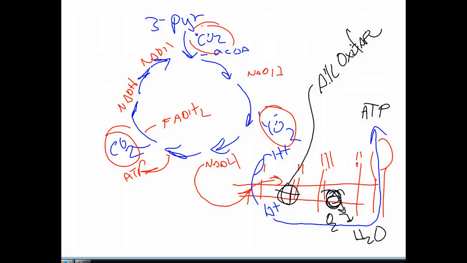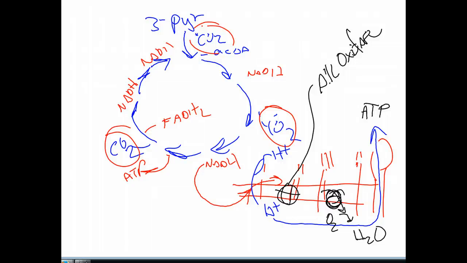We know some functions of the alternate oxidase, but we really don't know the reason.